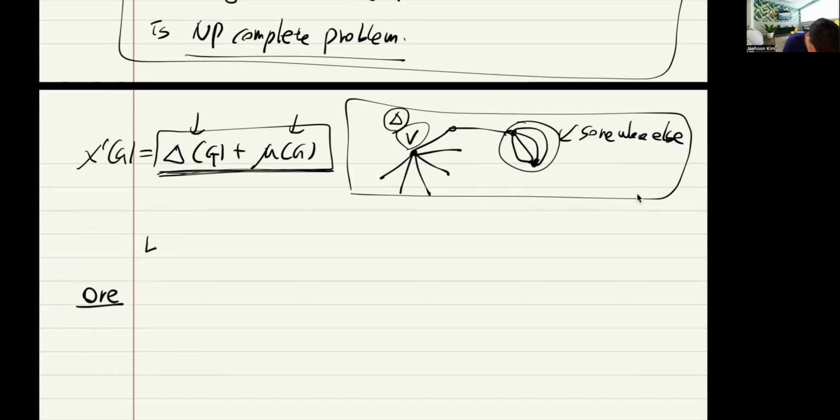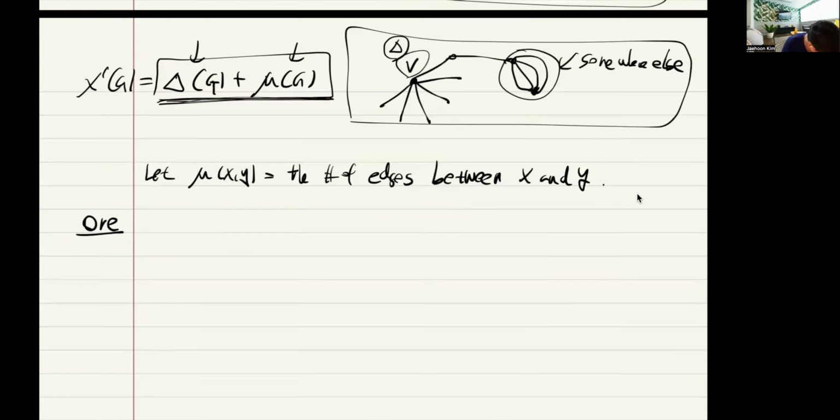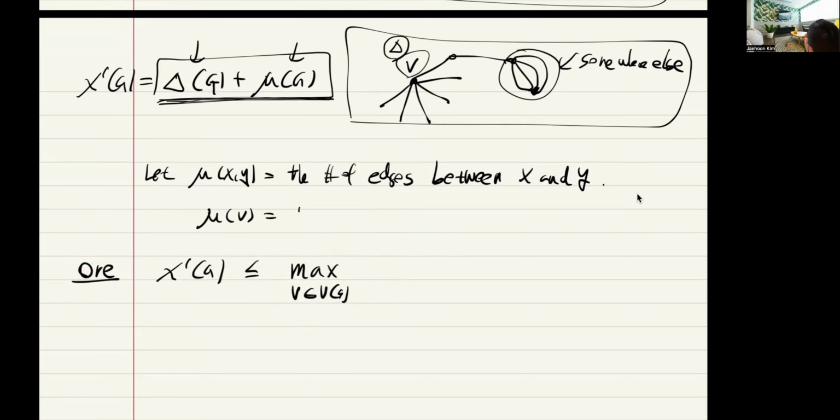Writing that mu(x,y) is the edge multiplicity, the number of edges between x and y in the multigraph, Ore proved that the edge chromatic number is at most the maximum over all vertices v of the degree of v plus the maximum over all u in the neighborhood of v of mu(v,u).